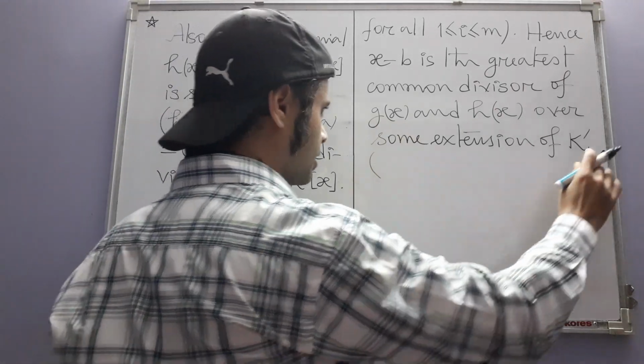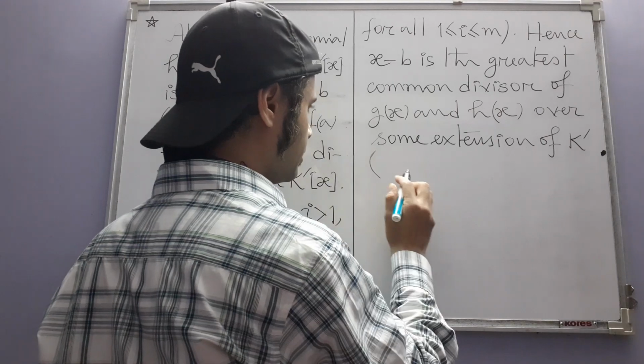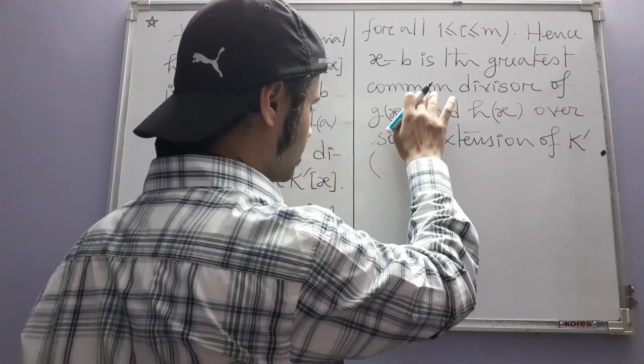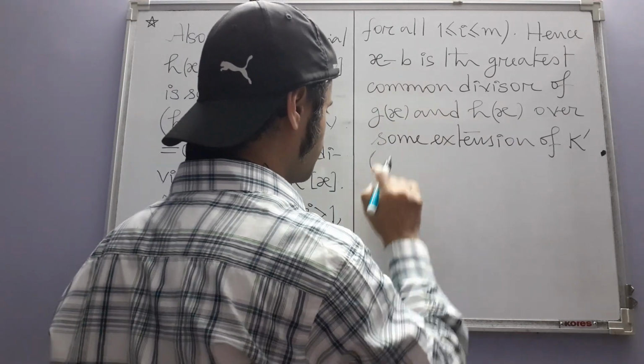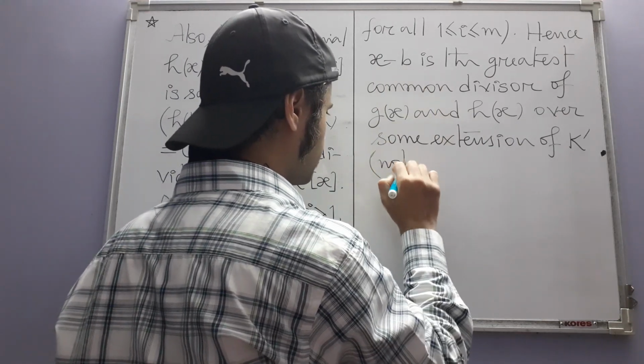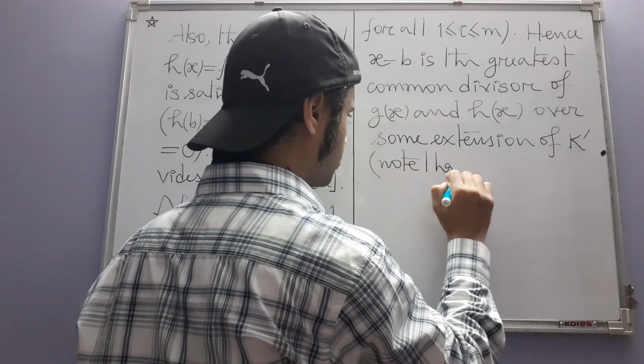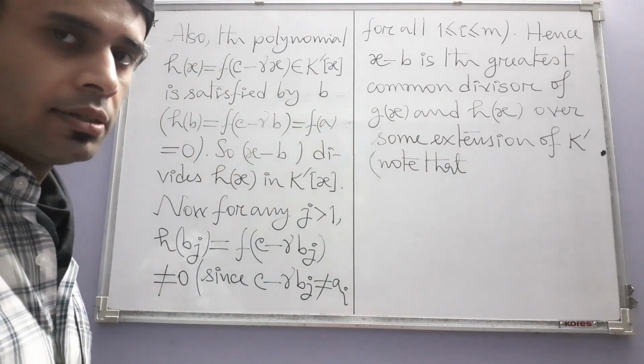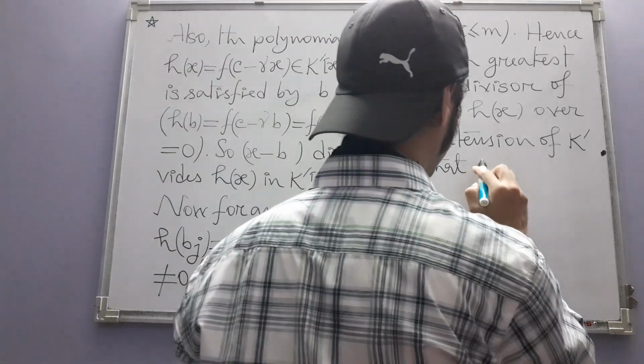So let me just write here in brackets. Actually, it is written as a separate line before making this conclusion. Note that no higher power of x minus b can divide gx, for example.